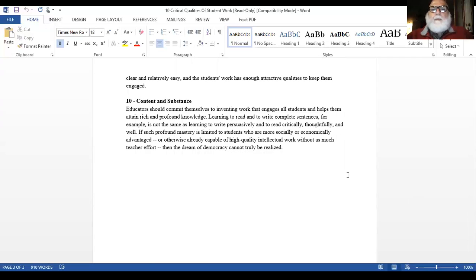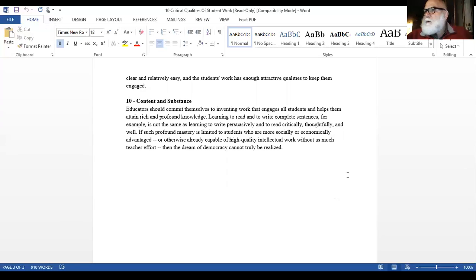Learning to read and write complete sentences, for example, is not the same as learning to write persuasively and to read critically, thoughtfully, and well. If such profound mastery is limited to students who are more socially or economically advantaged or otherwise capable of high-quality intellectual work without as much teacher effort, the dream of democracy cannot truly be realized.